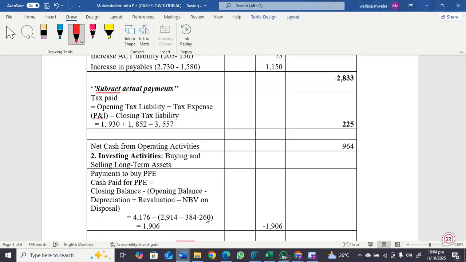The plant that was disposed was 260; that was the net book value. When you do all these calculations, you get 1,906. So this is how much has been spent to buy plant this year, 1,906. Since we are buying plant, we are representing it as a negative number. Any questions?